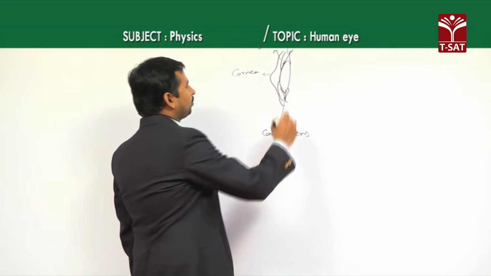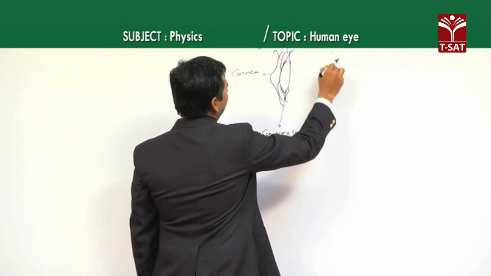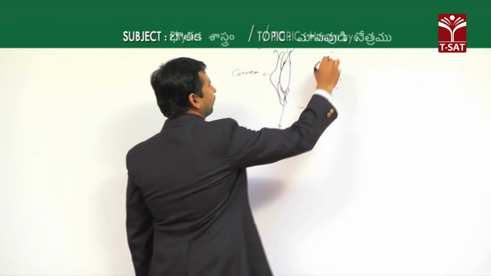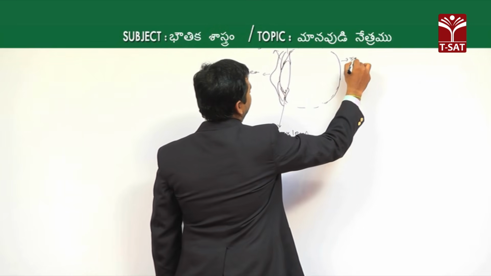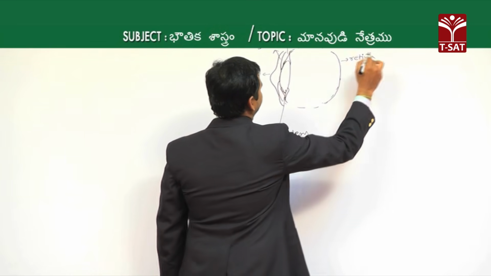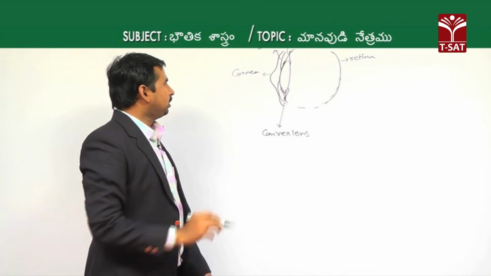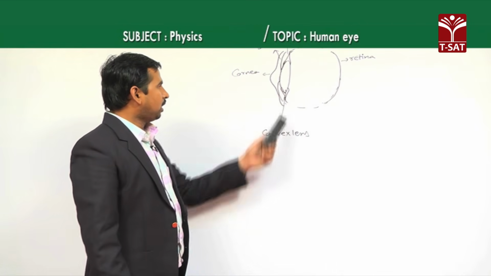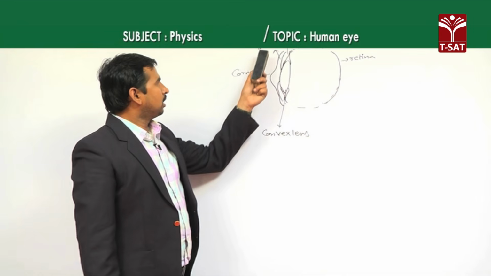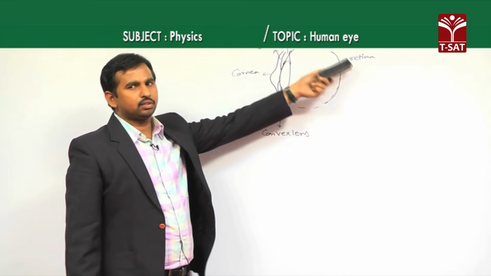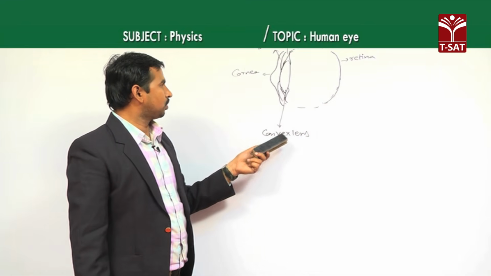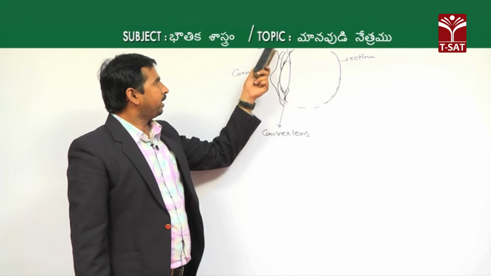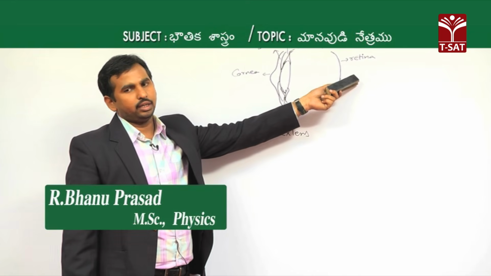And another important part is where our images are captured, which we call the retina. So, the main important parts are the eye lens, cornea, iris, ciliary muscles and retina. In total: convex lens, cornea, iris, ciliary muscles and retina.